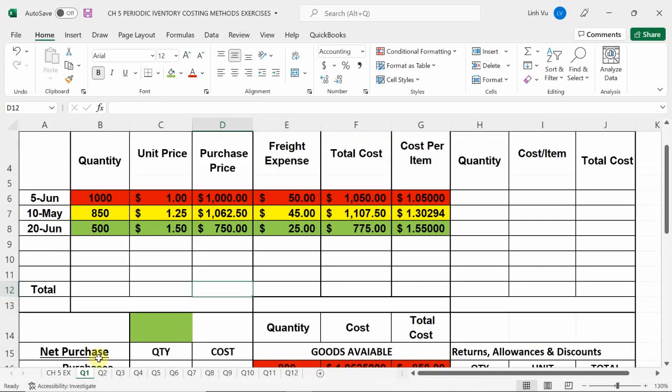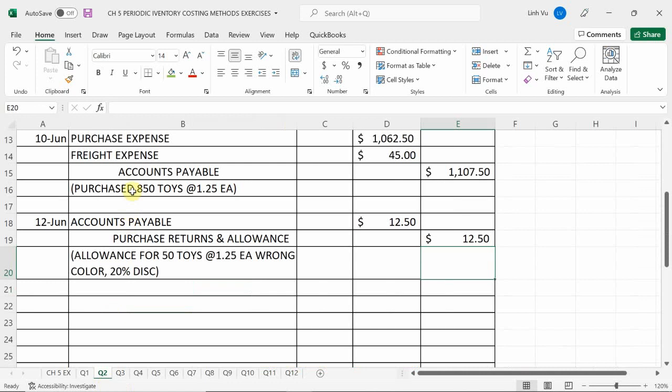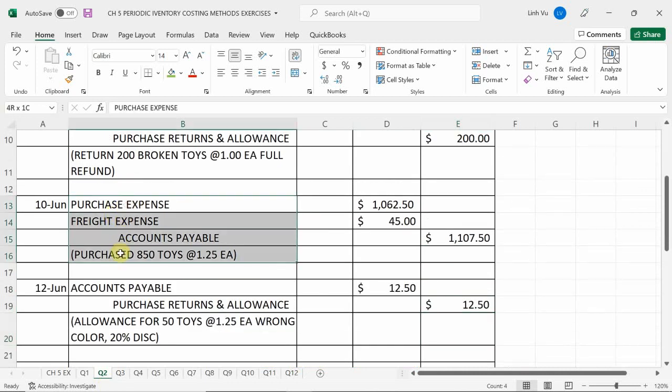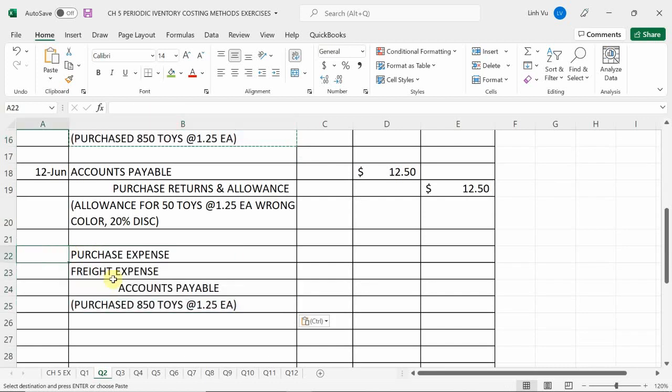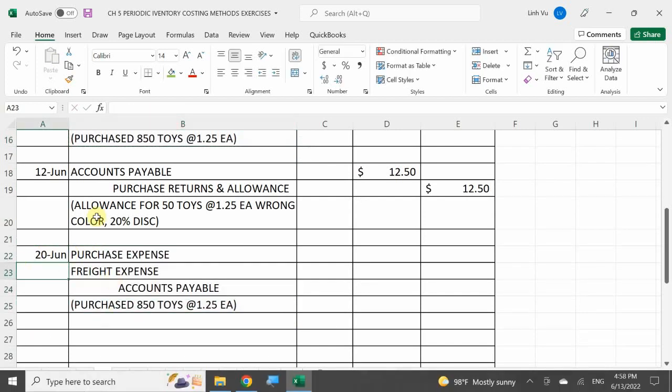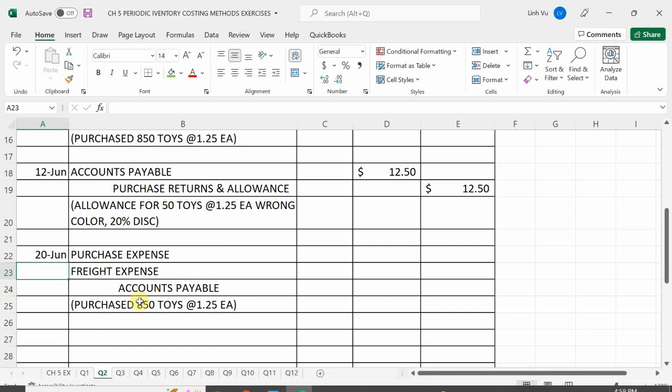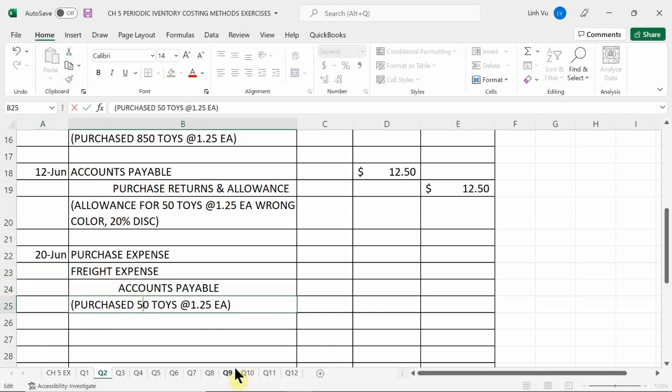And of course, I have to remember to journalize that I made a purchase. On June 20th, I purchased 500 toys at $1.50 each.